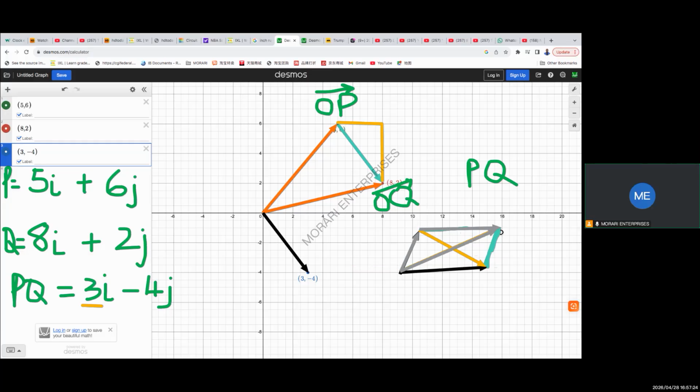Then what is difference? Difference now is, take this vector, you do this vector minus this vector, right? But what is the minus of this vector? It's in the reverse direction. The minus of this vector is in the reverse direction. Then now you can do plus. It's like 3 minus 4 is the same as 3 plus negative 4.